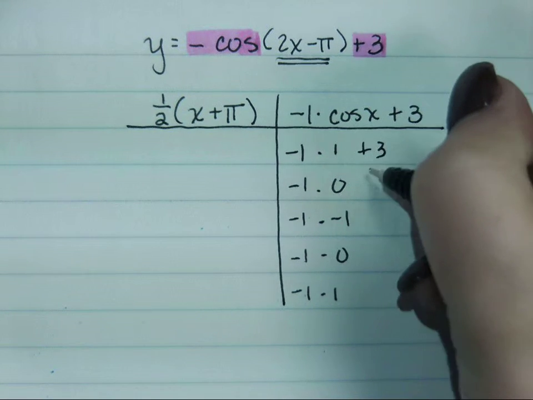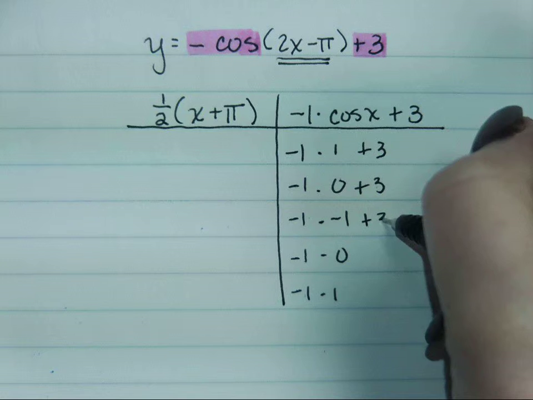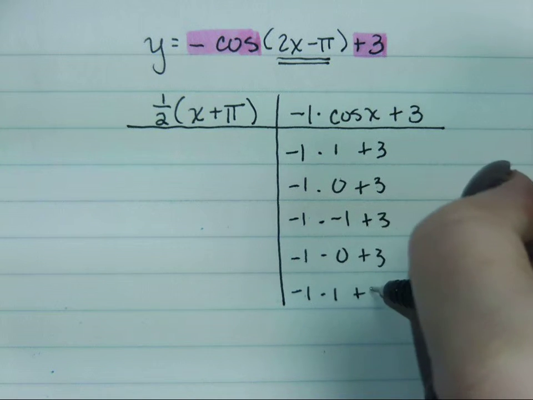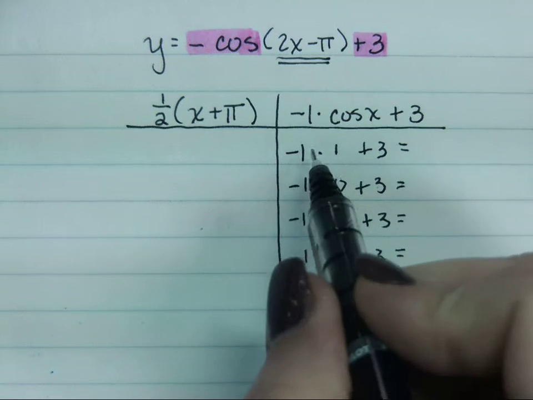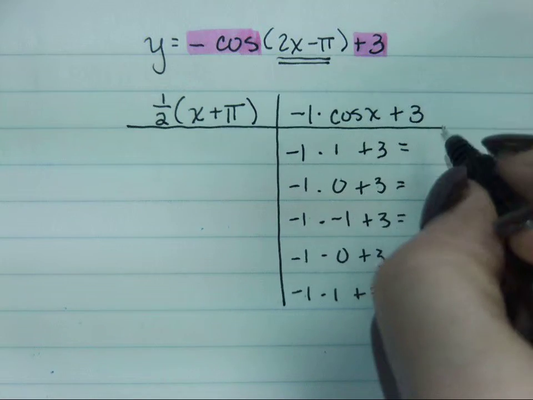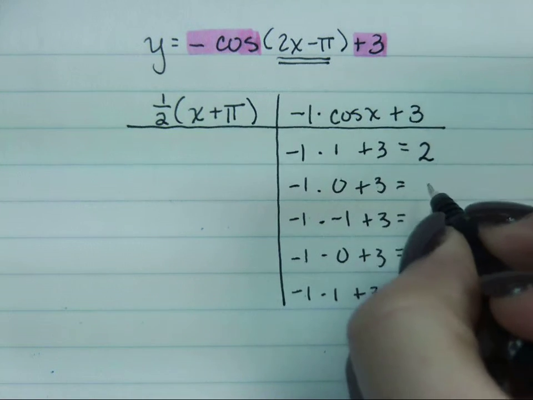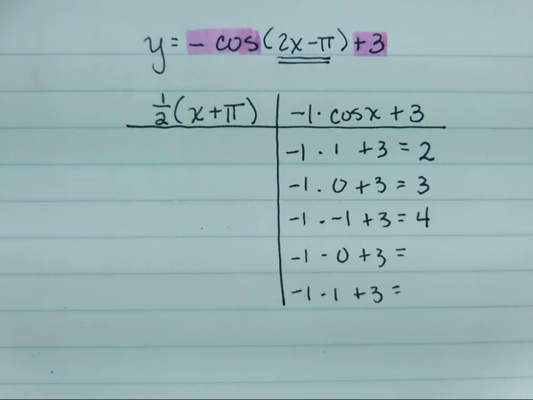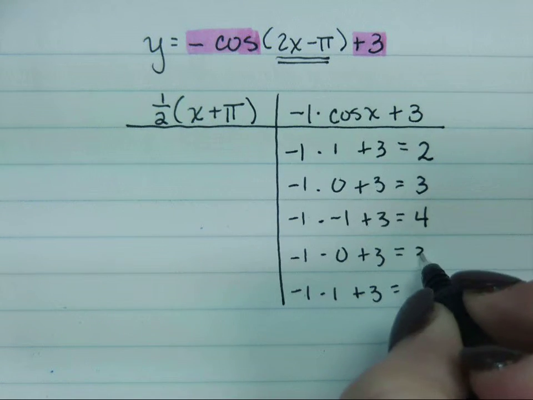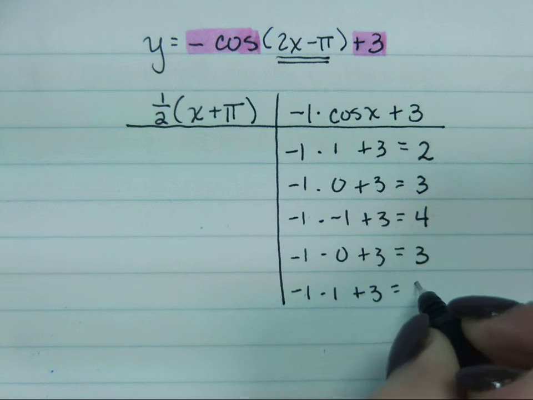All right. So I'm just going to write in all of my operations that I'm going to do to cosine, and think about my output values. All right, so -1 plus 3 is a 2. And then 3. This is going to end up bringing me up to 4. 3. And then back down to 2.